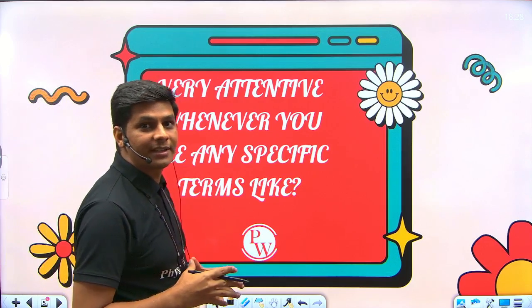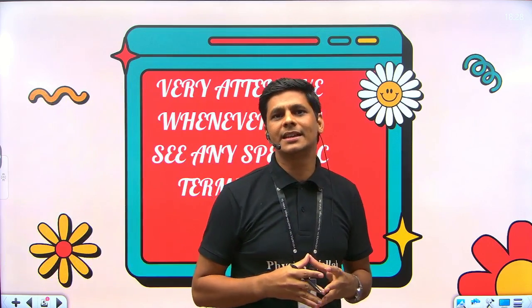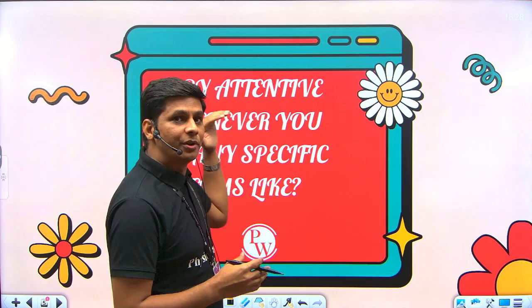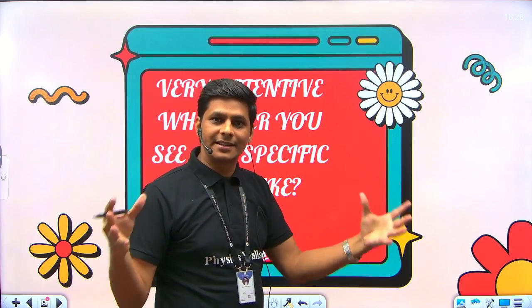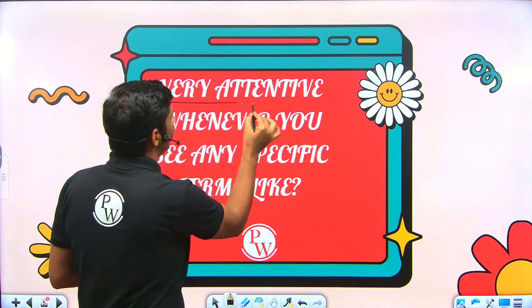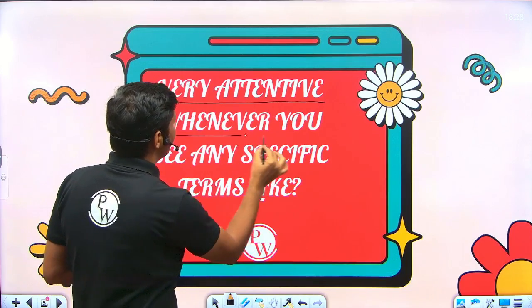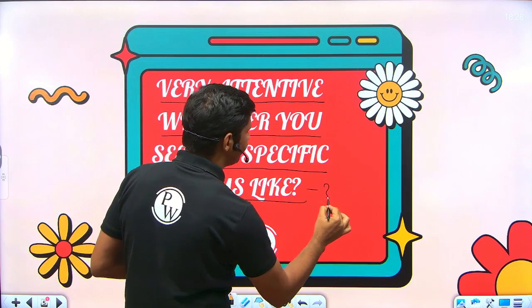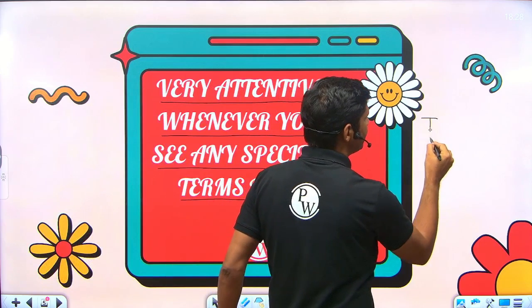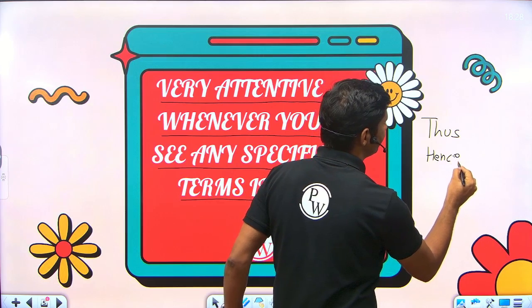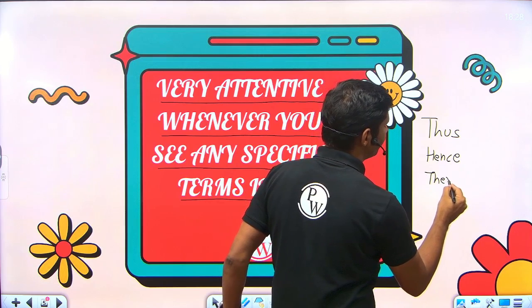A very, very important aspect. Whenever you are reading NCERT, there are beautiful paragraphs, there are certain statements. I have mentioned one very important point. Be very attentive whenever you see any specific term like thus, hence, therefore.